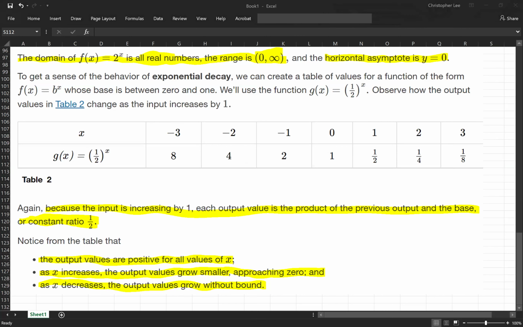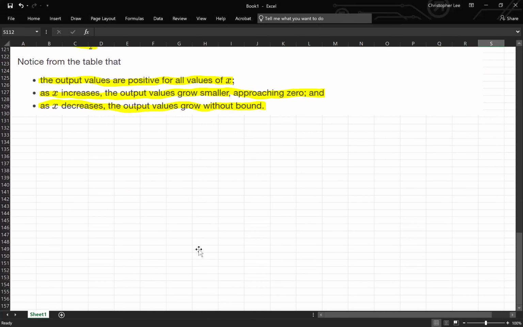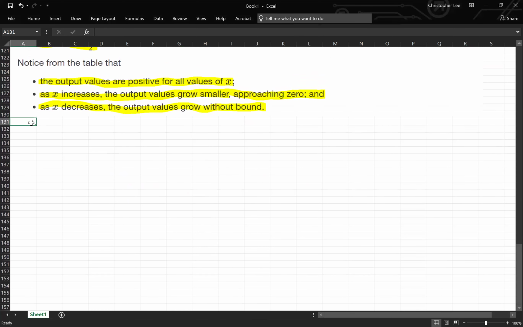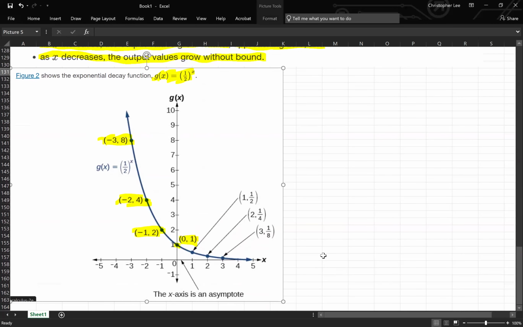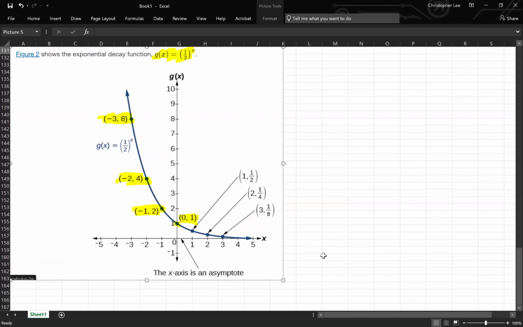Real quick, I just want to show you a graph so you can see what I mean. You can kind of tell from the table, but sometimes the picture helps a little bit. This is g of x equals 1/2 raised to the x power. Notice this is kind of the reverse of what we were talking about before, like a reflection over the y-axis.